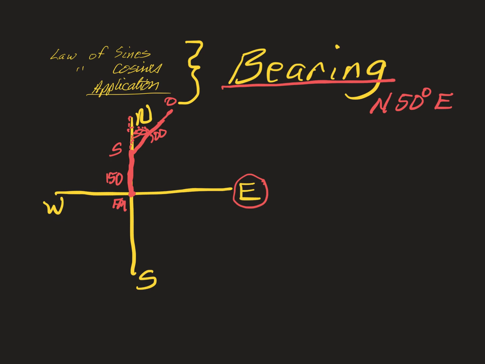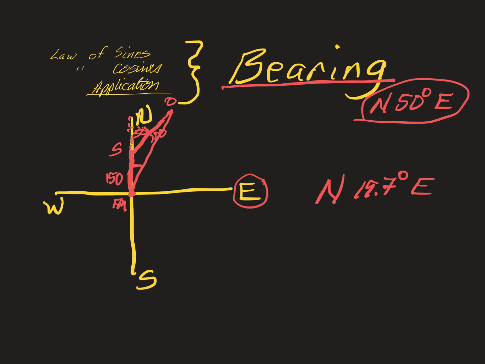Then when we did the problem and we wanted to find this angle, what angle do you have to turn? The angle we found was 19.7. So typically we would write our answer as north 19.7 degrees to the east. Okay?